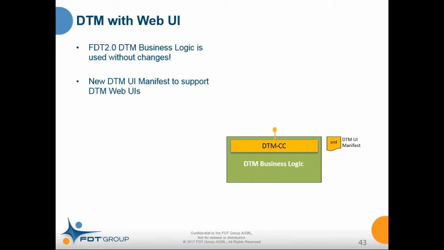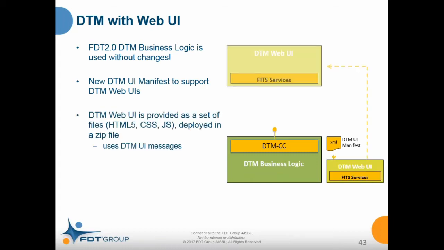In order to make this new user interface available, we need to provide a new DTM UI manifest that describes the type and location of this user interface. The user interface itself, DTM Web UI, is provided as a set of files, which could be HTML5, CSS, JavaScript files.